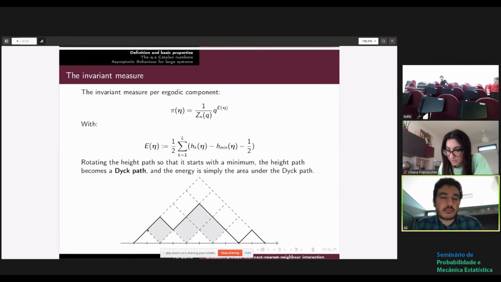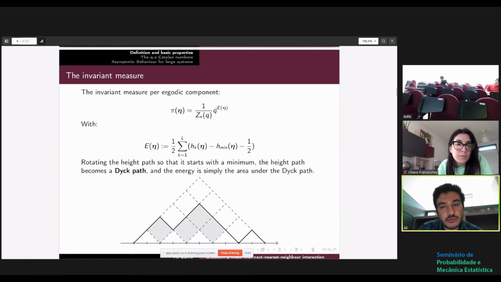One important property of this system is that there is an invariant measure, which is provided by this simple expression. This invariant measure is on the ergodic component, of course. So Q, now B, I took B as 1, so I don't have B anymore in this formula.